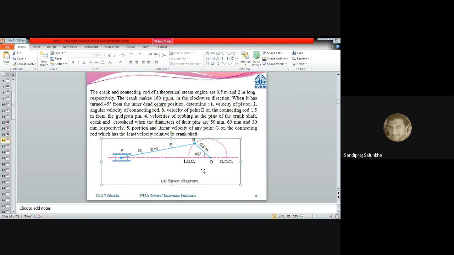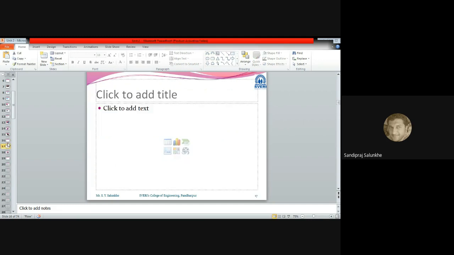So first of all, you have to take a scale for that, because the crank is 0.5 meter and the connecting rod is 2 meter long. So we'll take a suitable scale and then start to draw the diagram.